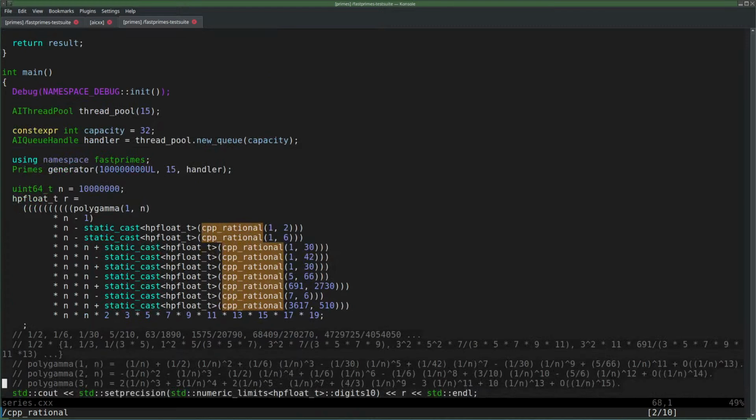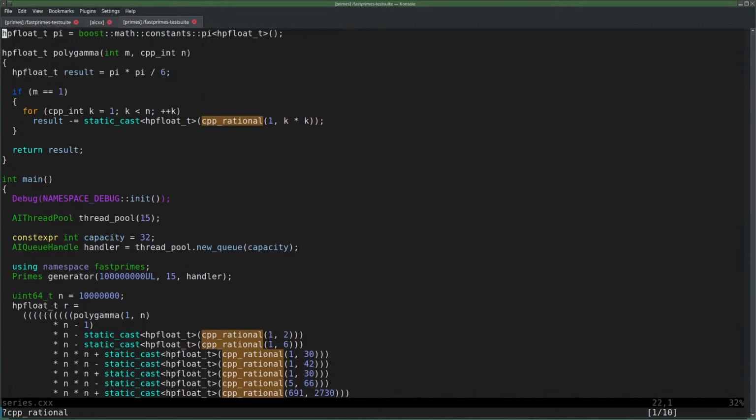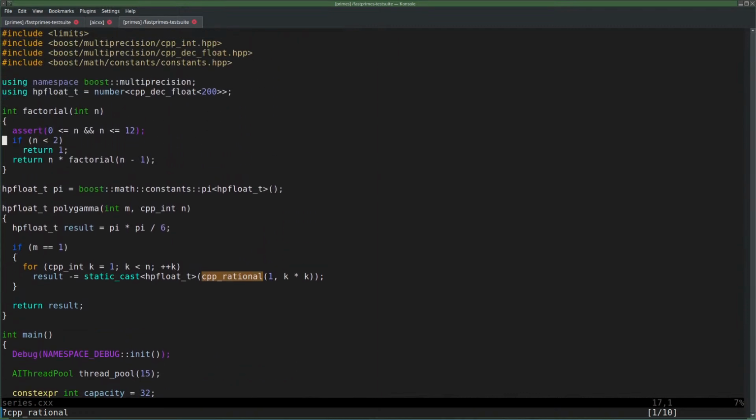Now I can work with these rationals, but up here, this rational, I think that's the problem. Instead, I should do, let's see, I'll make a rational by dividing by that, but it's just silly. I should instead simply divide by k times k.